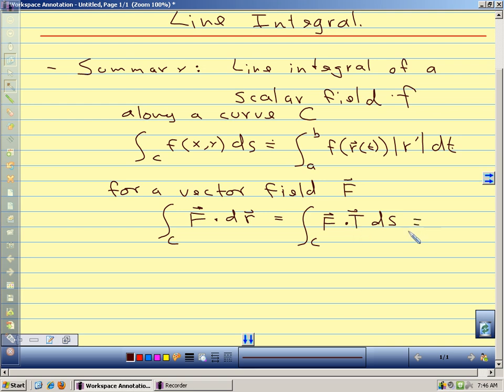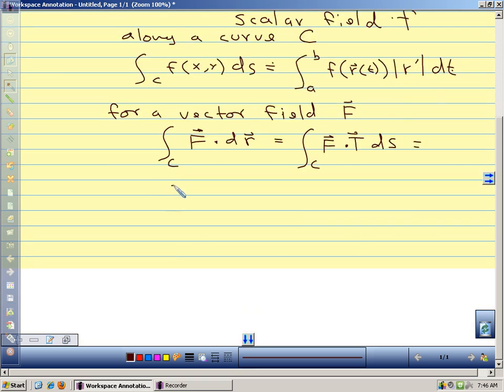The way we evaluate that is we take the integral from a to b. We represent our vector field in terms of our parameterization, take the dot product of that with r prime, and take the integral with respect to t. So that's how we evaluated our line integral of a vector field.